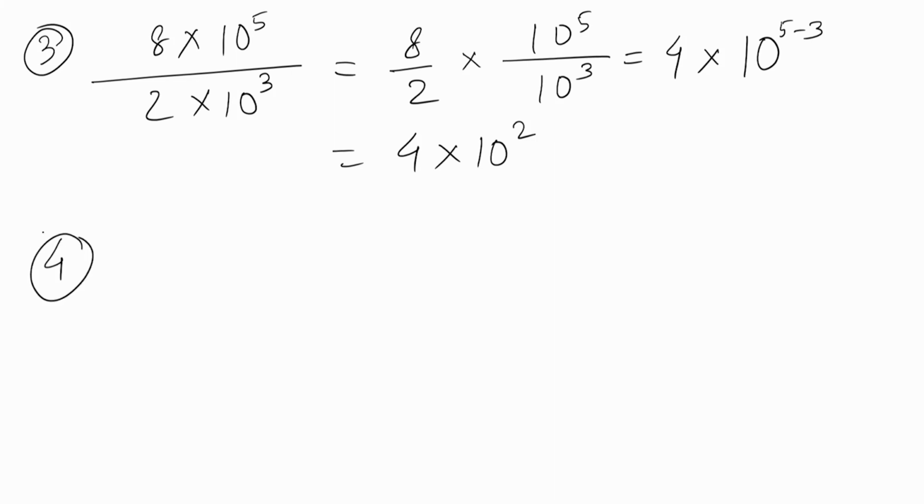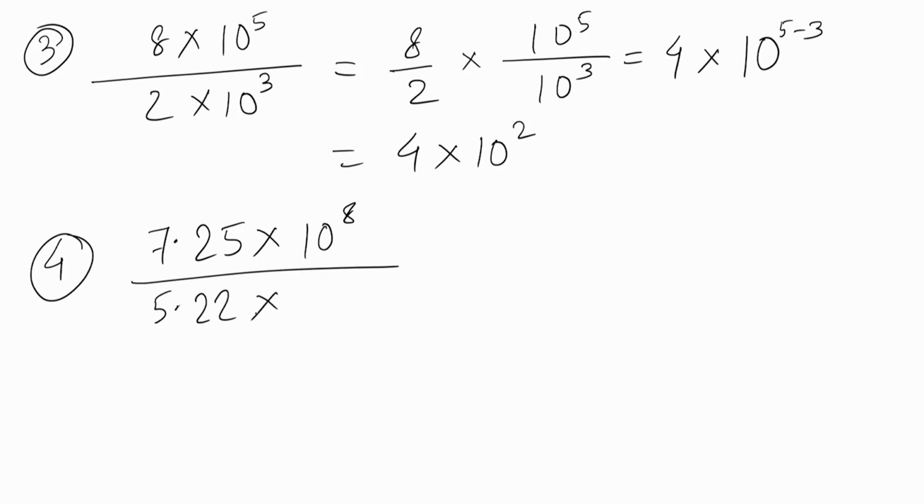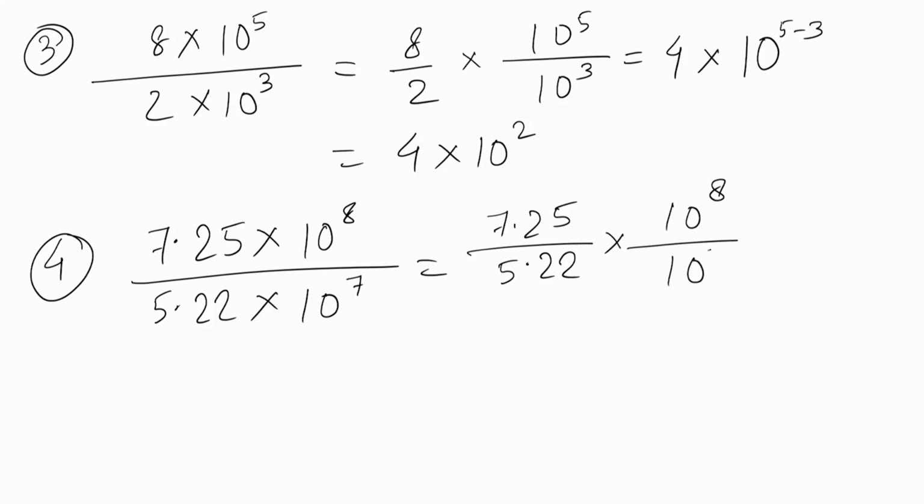Now let's see another example. 7.25 into 10 to the power 8 divided by 5.22 into 10 to the power 7. So we will write it as 7.25 divided by 5.22 into 10 to the power 8 divided by 10 to the power 7.